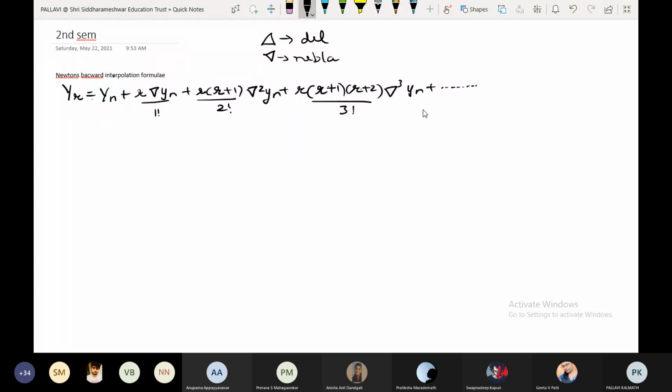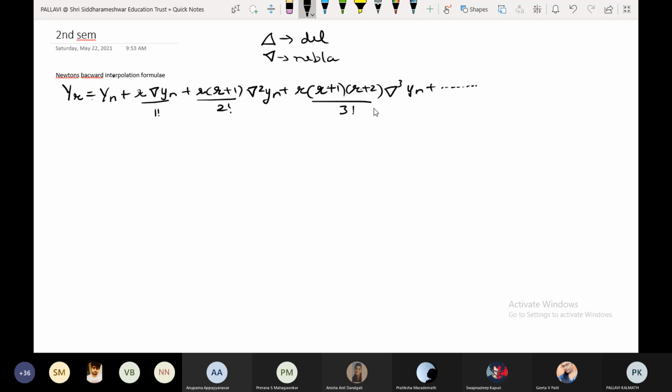When you find the difference table, the first elements in the columns of first difference, second difference, third difference and so on are called forward differences. And the last values in the columns are called backward differences. Backward differences are nothing but del yn, del square yn, del cube yn.